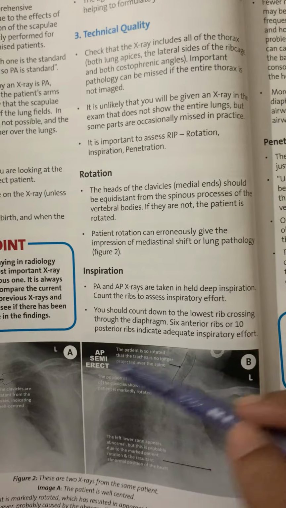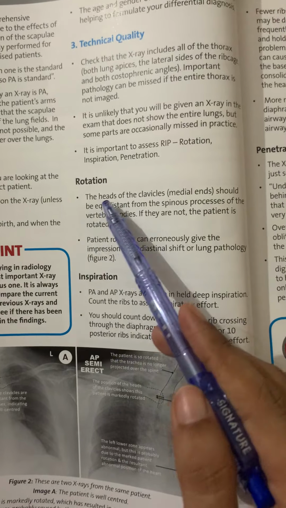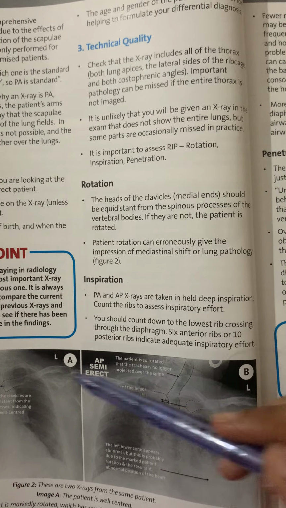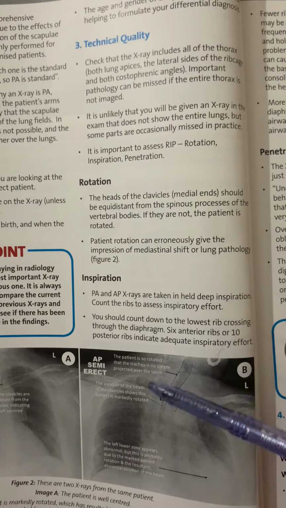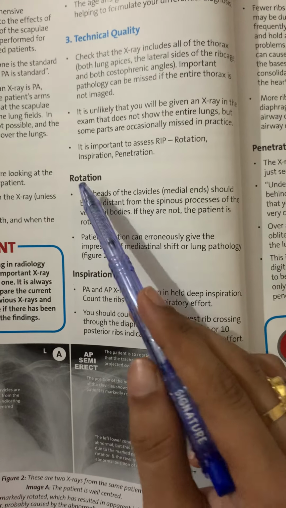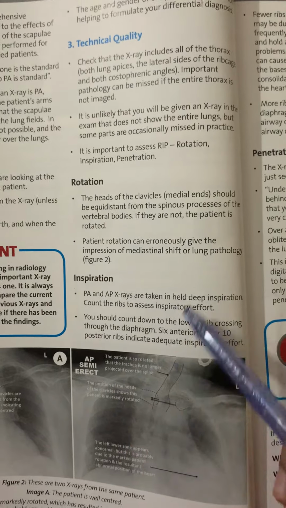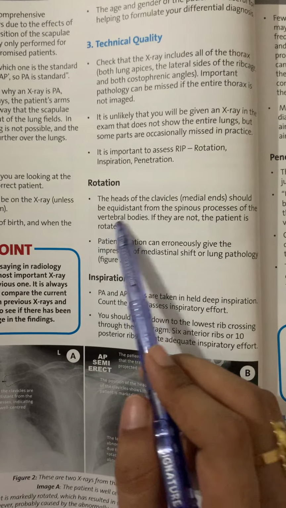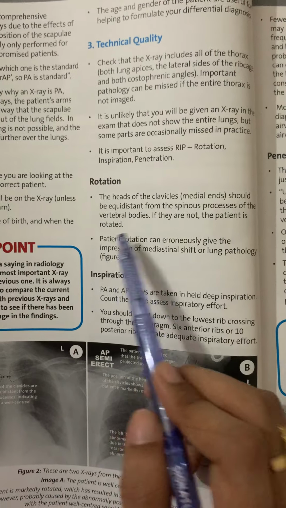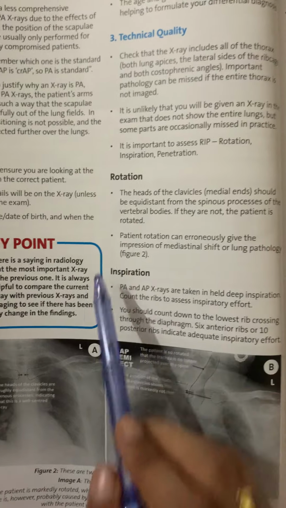Rotation shows whether the patient is correctly positioned while taking the X-ray. If not, it can falsely present pathological findings. For checking the rotation, we see that the medial heads of the clavicles should be equidistant from the spinous processes of the vertebral bodies. If they are not, the patient is rotated.